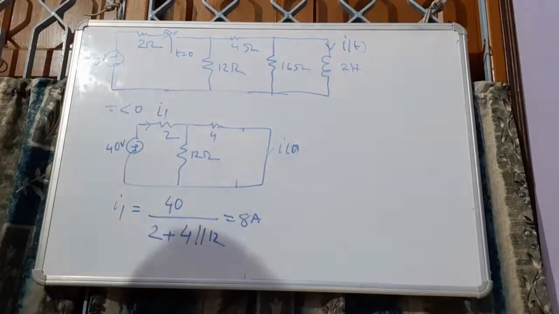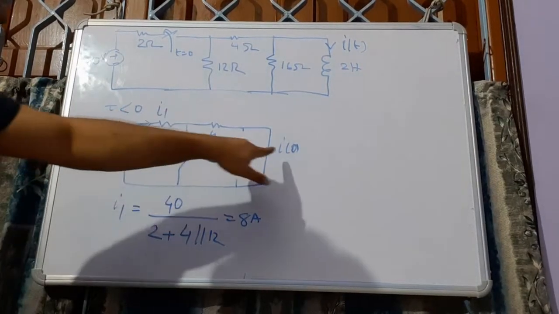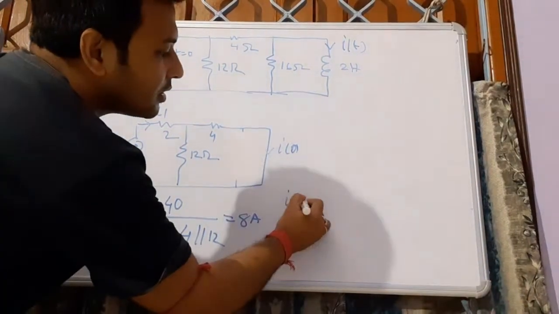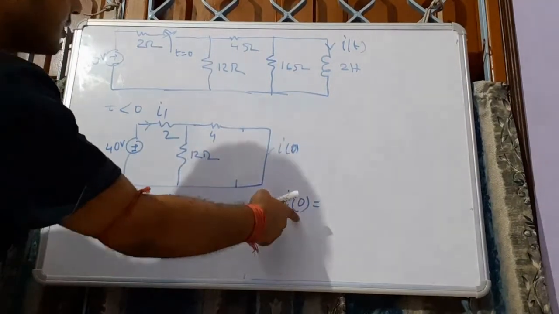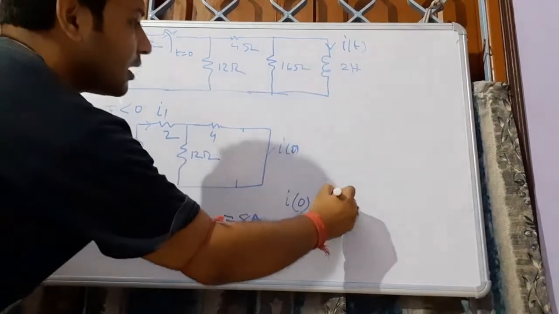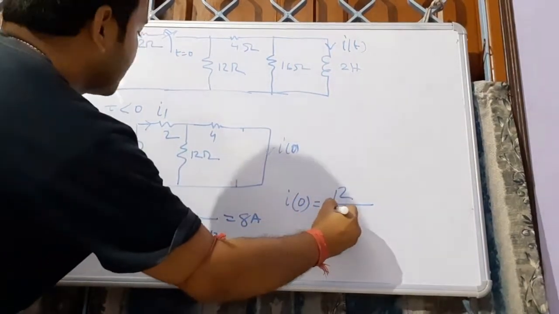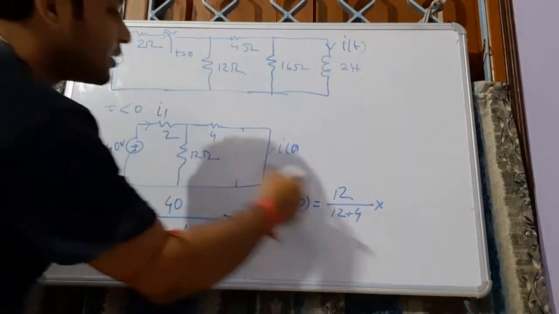Now if this I1 is known, we can easily compute this I using the current division rule. This will be 12 divided by 12 plus 4 into this I1, that means 8.